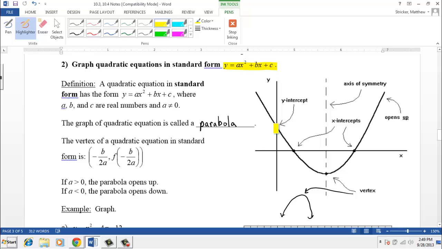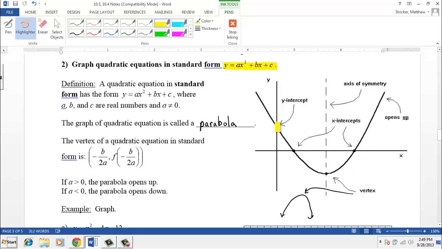And then parabolas have the property that they are symmetric about the line that goes through the vertex, that kind of splits the graph in half. You'll notice that these two x-intercepts are equal distances away from this dashed line that we call the axis of symmetry, because the graph is a mirror image of itself on each side of the axis of symmetry.